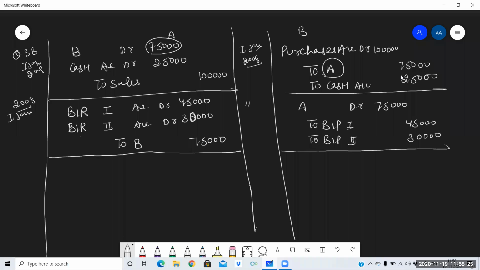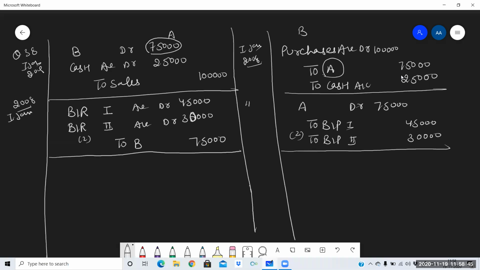For my reference, I have written 2 months here so that we do not forget. So first of all, we need to calculate the maturity date. 1st January, the bills are accepted. So what will be the maturity date if the duration of the bill is 2 months?